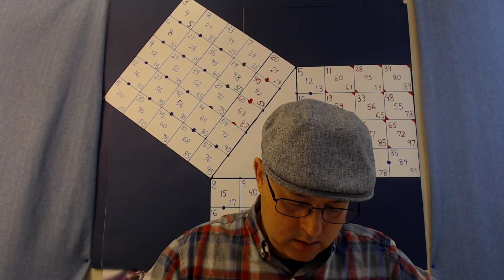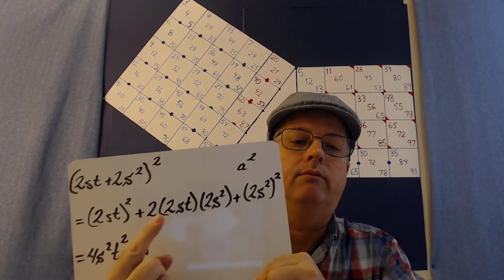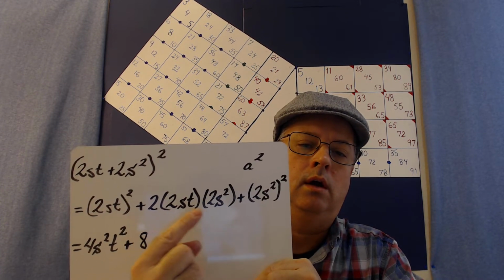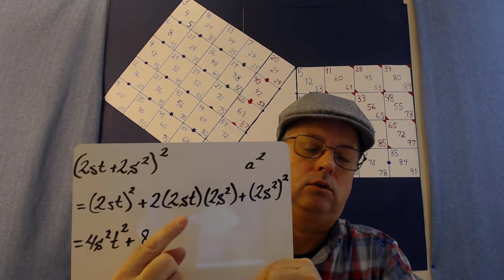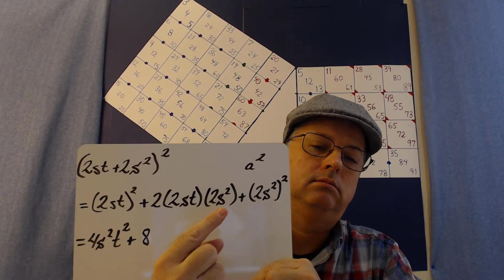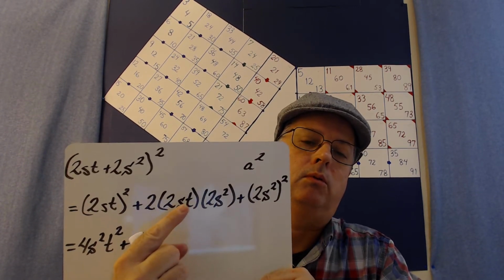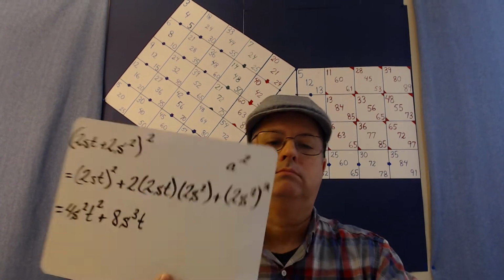And so that's plus 8. And then we'll have an s times s squared, which is s to the third. S times s times s, s to the third. And then you don't want to forget about t. So there's t.